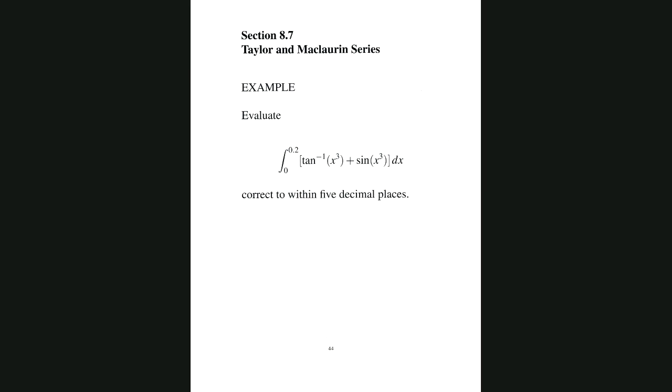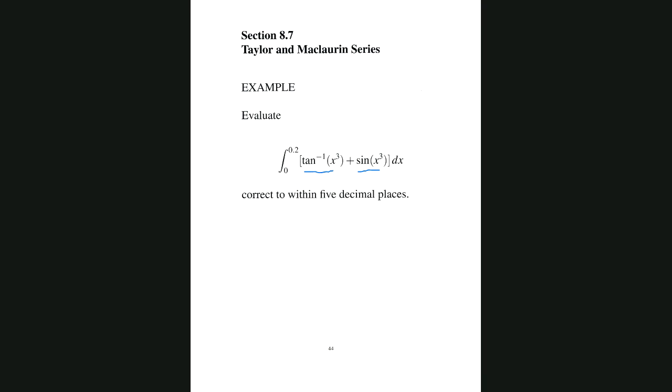Okay, so we want to evaluate this definite integral correct to within 5 decimal places. And the function itself is the sum of the arctangent of x cubed plus the sine of x cubed.